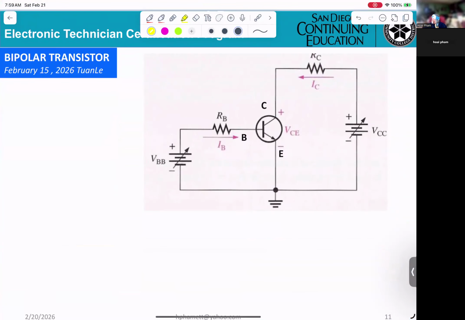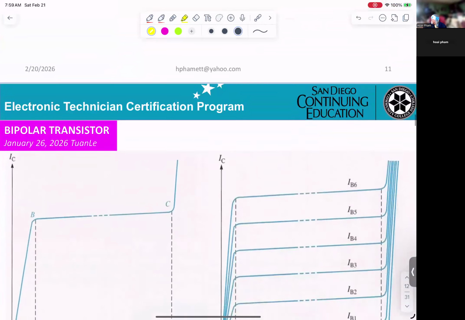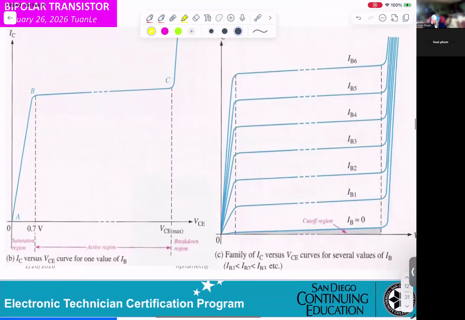Okay, this circuitry, let's see. NPN, VBB value, VCC value. Nothing to talk about there, that's just telling you.